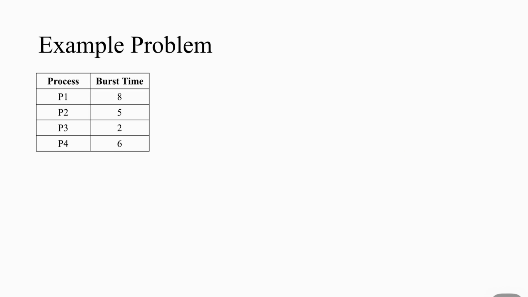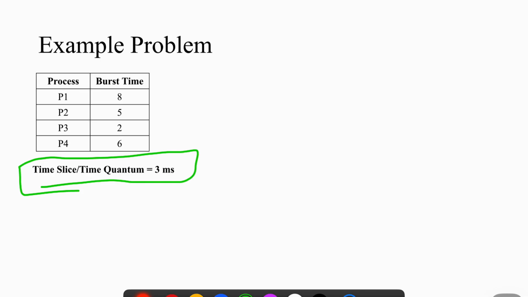But this much input doesn't help. As this is a round robin scheduling algorithm, we also require a time slice or time quantum, which with respect to this problem is 3 milliseconds.